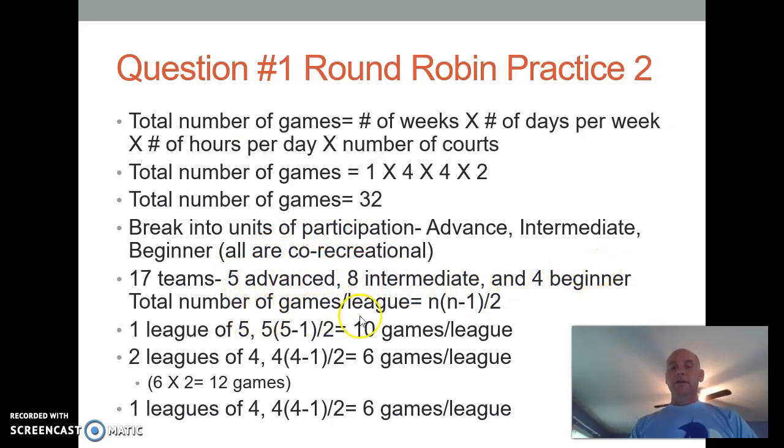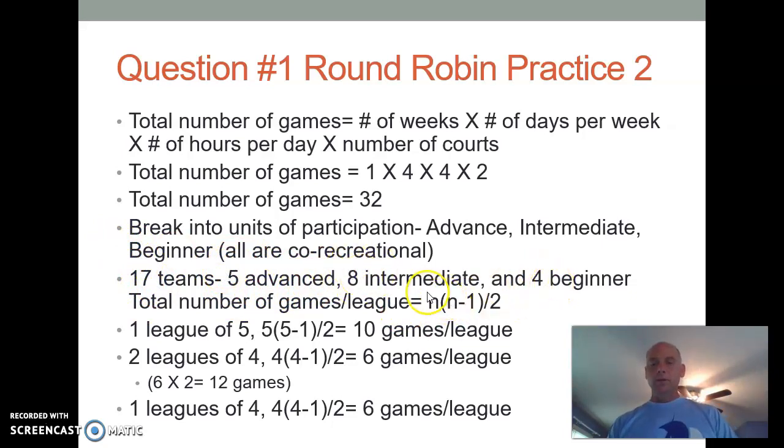Okay, so now what we have to do is figure out how many games per league that we're going to have. Now we put our numbers into our equation. Remember, big N is the total number of teams, which is 17, and little n is how many teams per league.